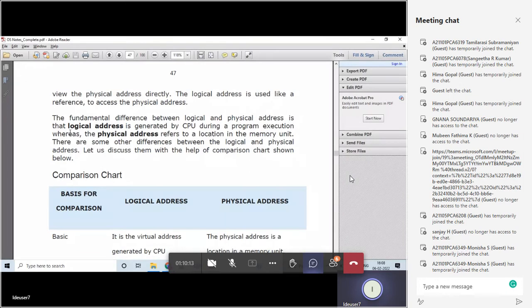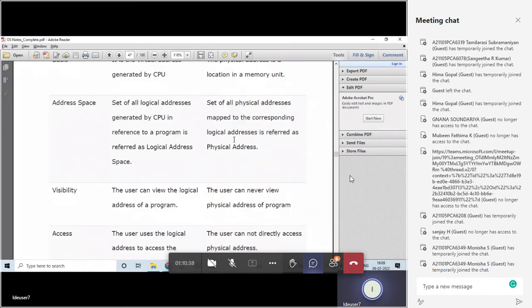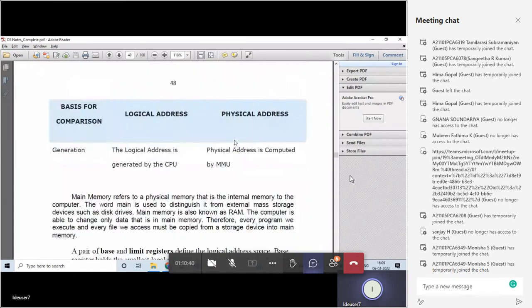As a programmer, we can't see the physical address in the memory unit. That is why the CPU generates a logical address, which is understandable by the programmer. There are also some other differences that you can study by yourself.